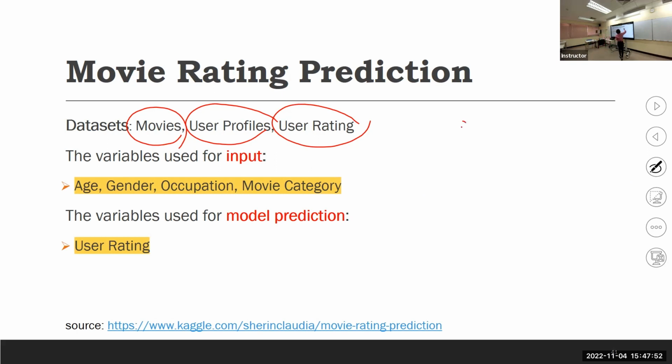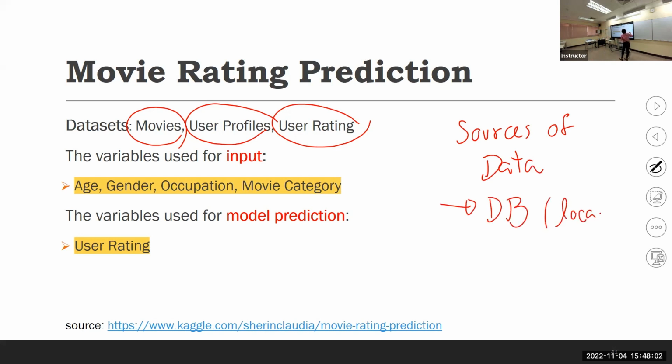The data source could be the local database of the organization, meaning on-premise. It could be cloud storage. Cloud could also be open data somewhere on the web that is made available for the public.